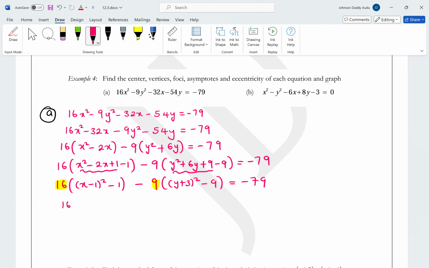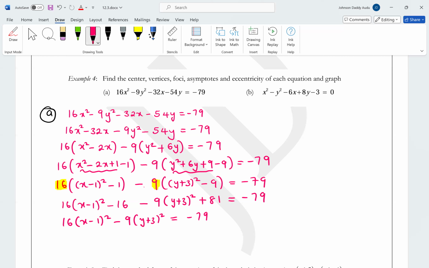If we expand, this is going to be 16(x minus 1) squared, and because of the 16 times minus 1, this is going to be minus 16. Minus 9 times minus 9 gives plus 81. Now we can rearrange: 16(x minus 1) squared minus 9(y plus 3) squared equals minus 79 plus 16 minus 81.